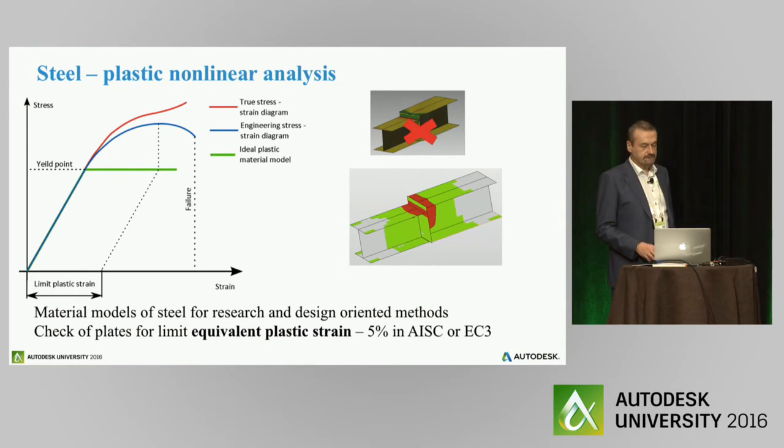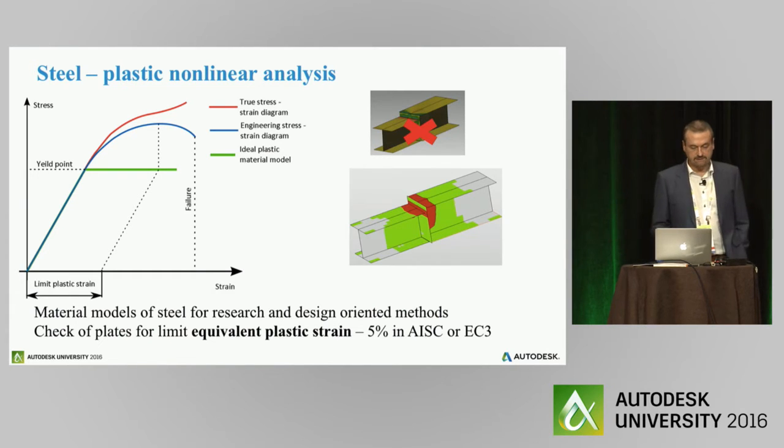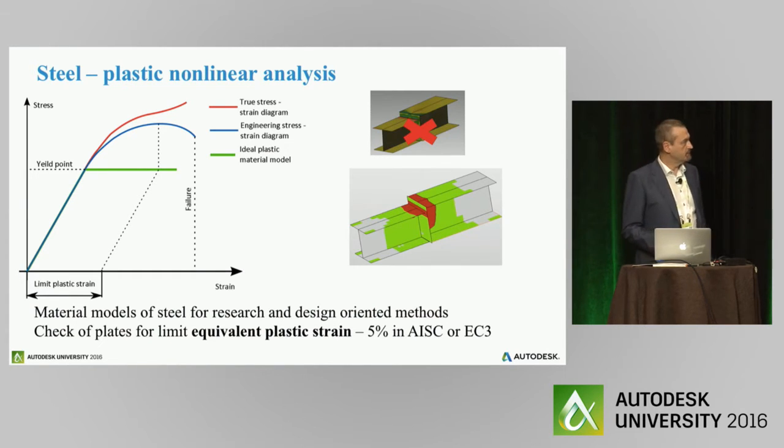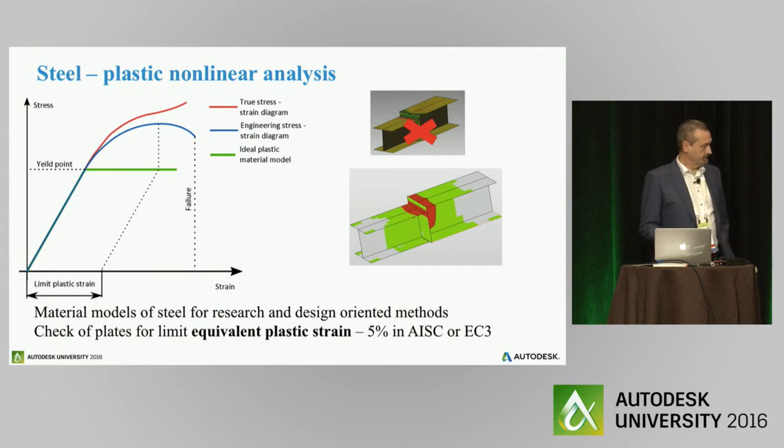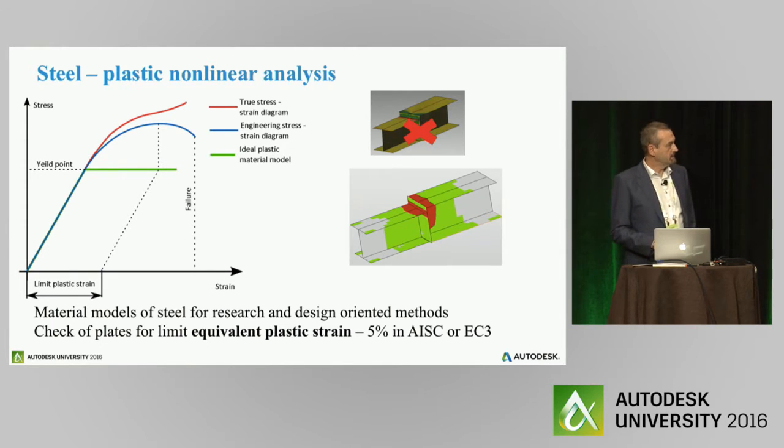The first one is that steel is a plastic material, so we have to calculate elastoplastic models. You can see the stress-strain diagram for steel, for real, which you get from tests.